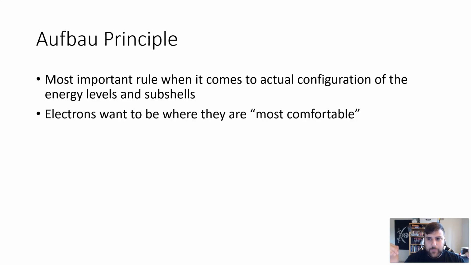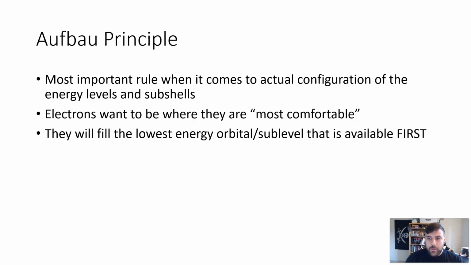And it kind of works the same way with electrons. In terms of comfort, electrons will go for the lowest energy orbital first. That means that if there's an orbital or a sublevel with the lowest energy that has a spot for an electron, they will prefer to go there. And like I said on the last slide with Hund's rule, do electrons want to be paired with each other? No, they don't.